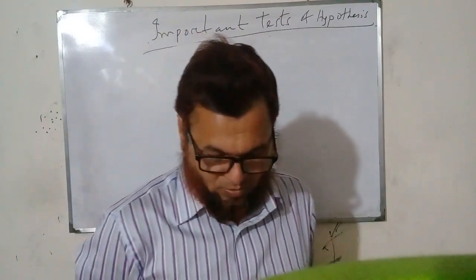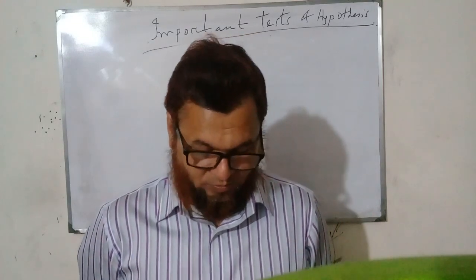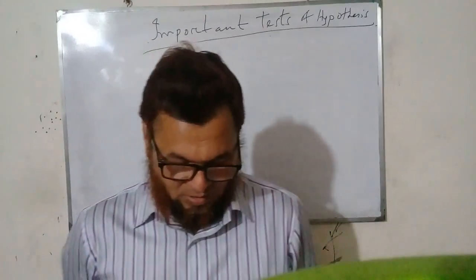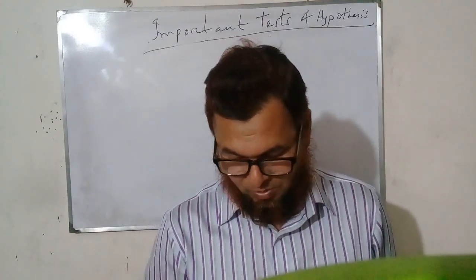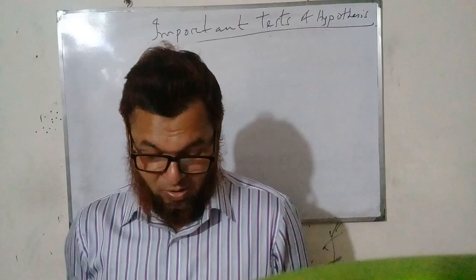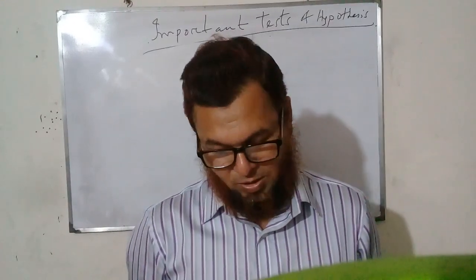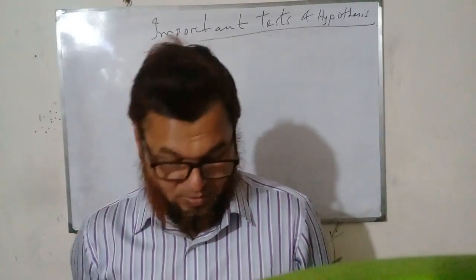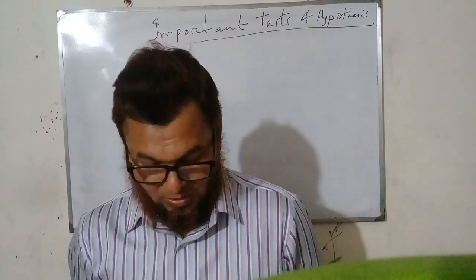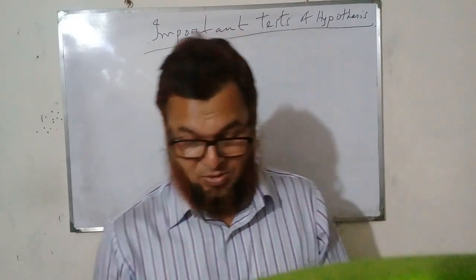When do we use the chi-square statistic? To test a specific variance of a normal distribution, to test the goodness of fit, to test the independence of attributes, to test the homogeneity of several variances, to test the homogeneity of several proportions, and to test the homogeneity of several correlation coefficients.